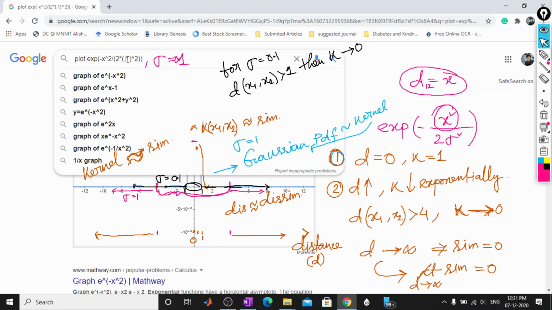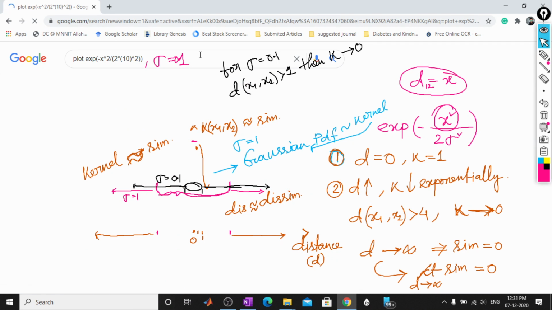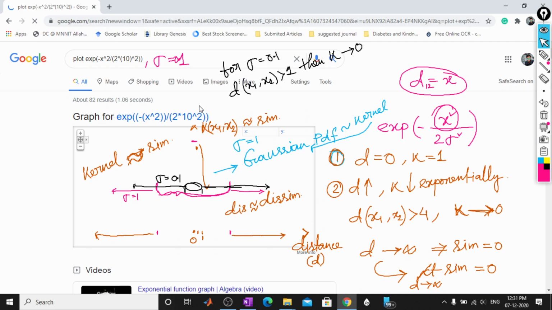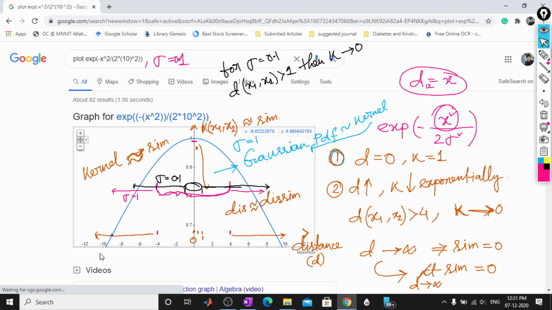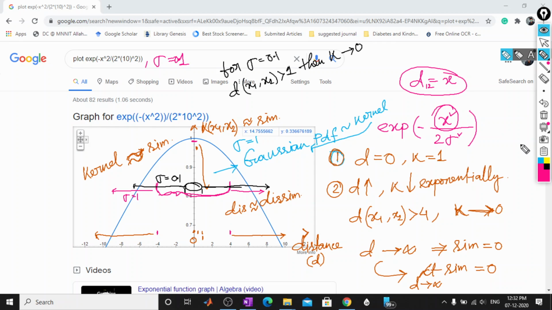Now, next, if we increase the value of sigma, here I am using the value 10. What happens? Let's see. Our distance value increases. I am going to zoom in and change this value.